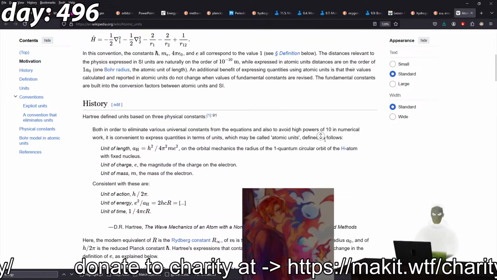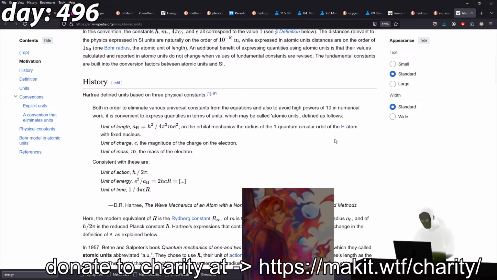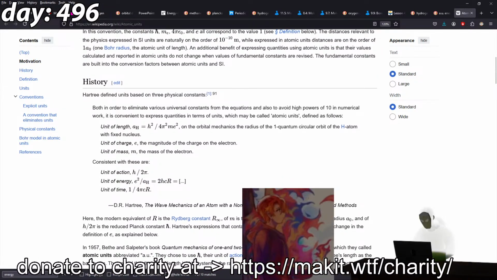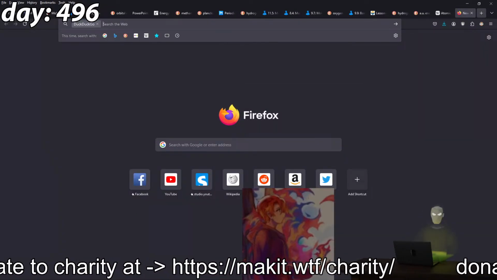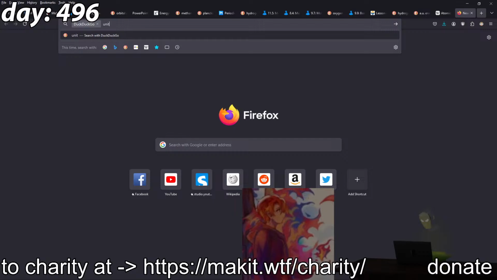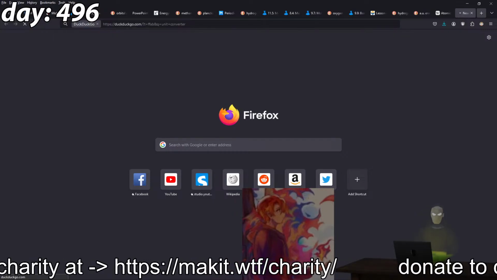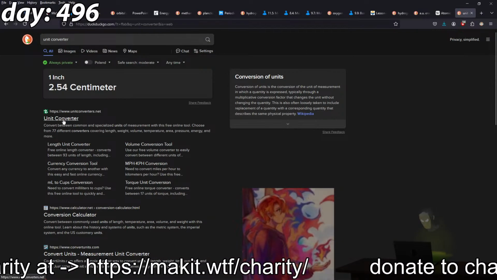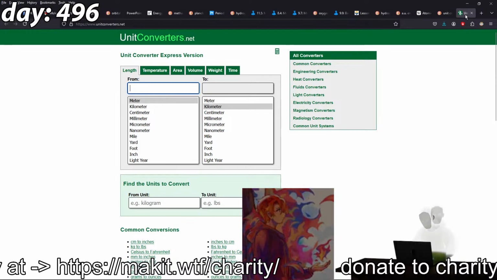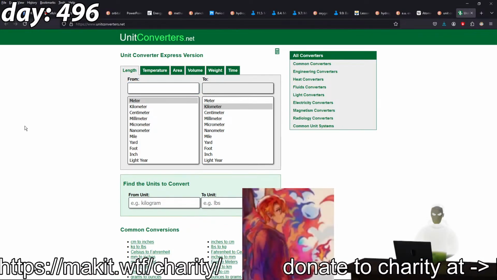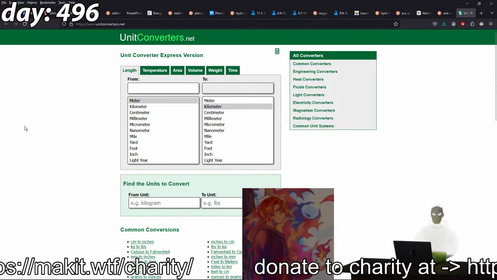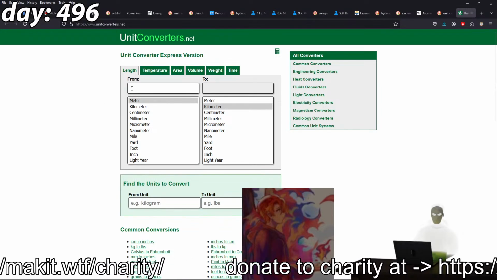Atomic unit of energy. What? E squared divided by a. Give me the conversion. What units are you converting? Kilojoules per mole to electron volts, and both of them into atomic energy units.